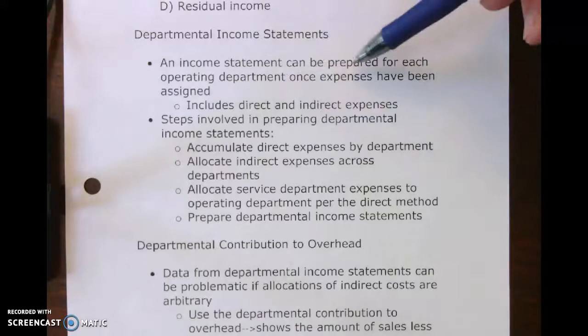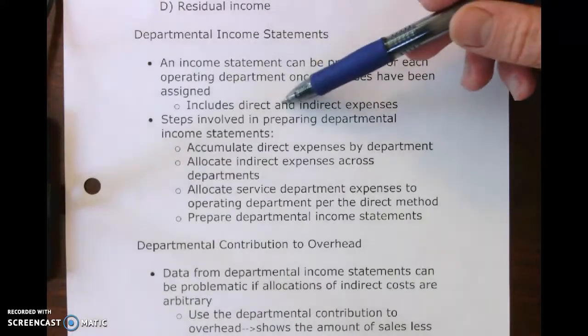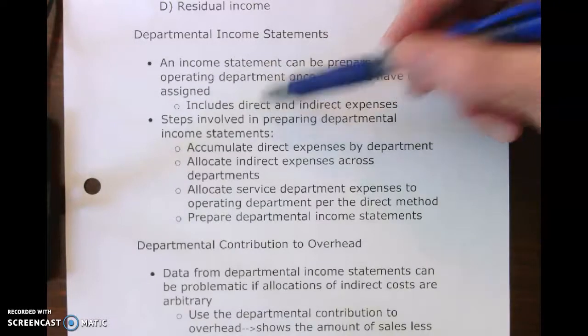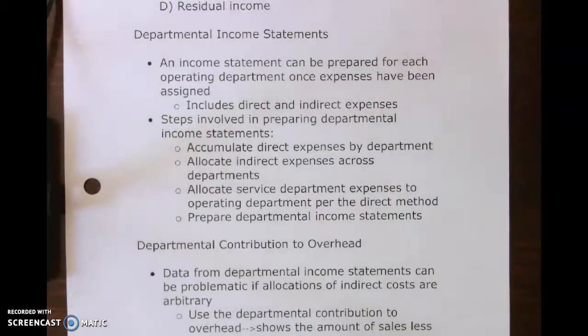So when we say that, it will include our direct and indirect expenses. We talked about direct expenses versus indirect costs or expenses in the past, and what we mean is that direct is easily traceable to the cost object. Indirect means it's not easily traceable to the cost object.